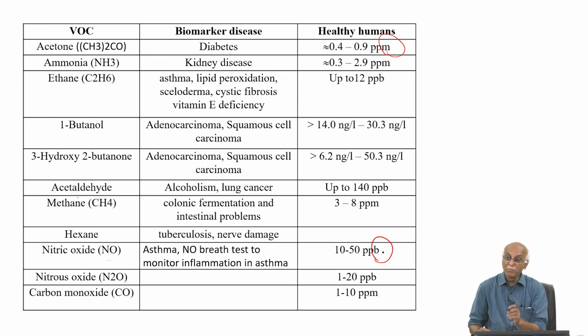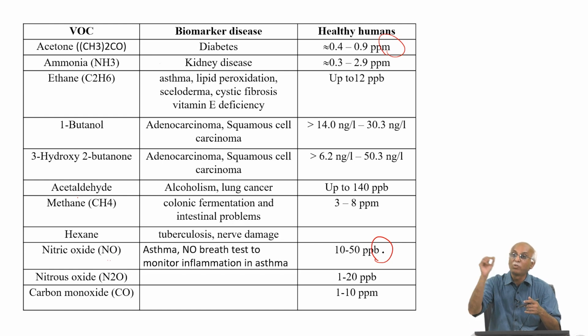Parts per billion, right; parts per million means in 10⁶ molecules, one molecule is present. So, it is not very easy to capture such information, a small increase in concentration.